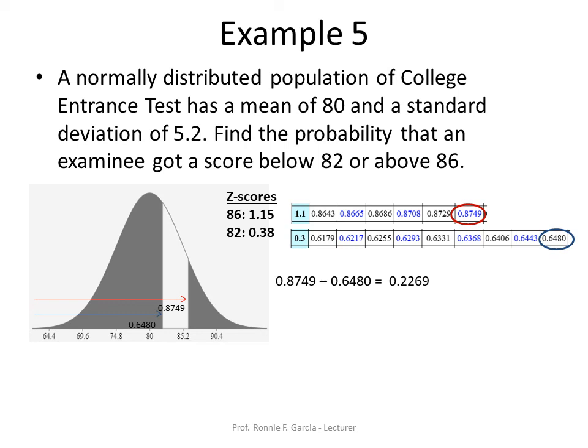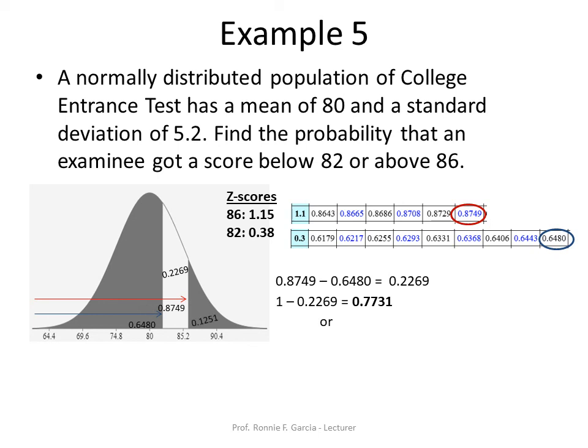And that is not the answer because that is the area between these particular z-scores. We are talking about the area that is outside 0.2269. So logically, we need to subtract from 1 because the overall value or the area of the normal curve is 1. So 1 minus 0.2269, the answer is 0.7731.